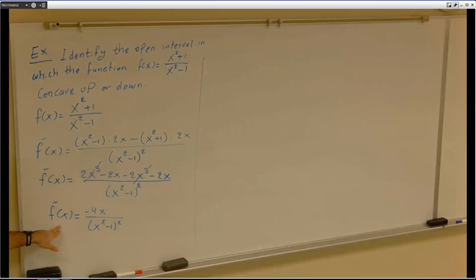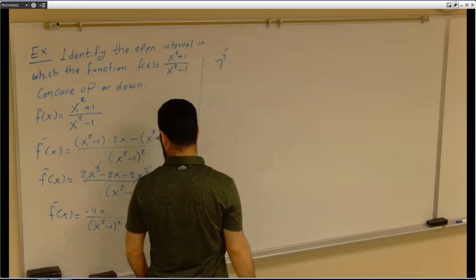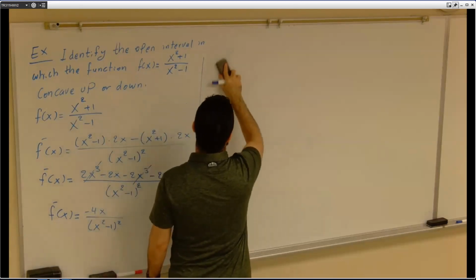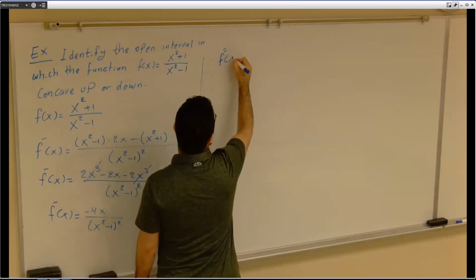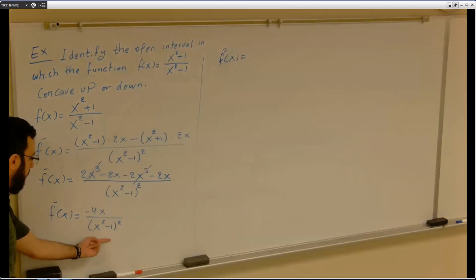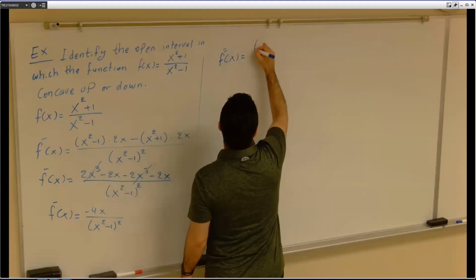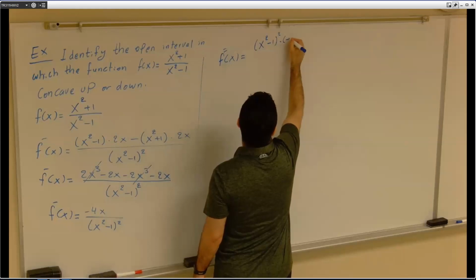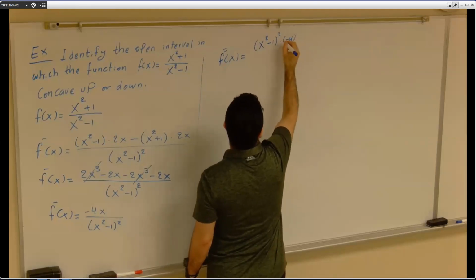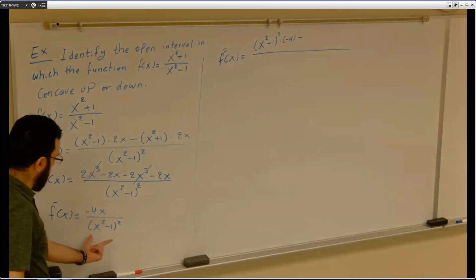Now we need to find the second derivative of x. The second derivative is going to be the bottom part times the derivative of the top, which is negative 4. So it's x squared minus 1 squared times negative 4, minus the top part times the derivative of the bottom part.